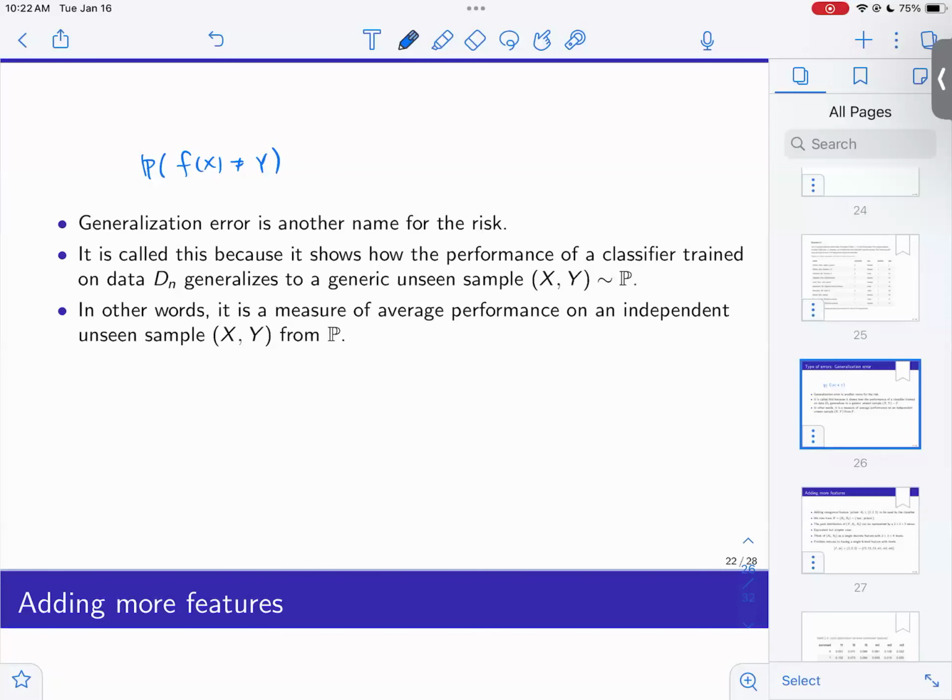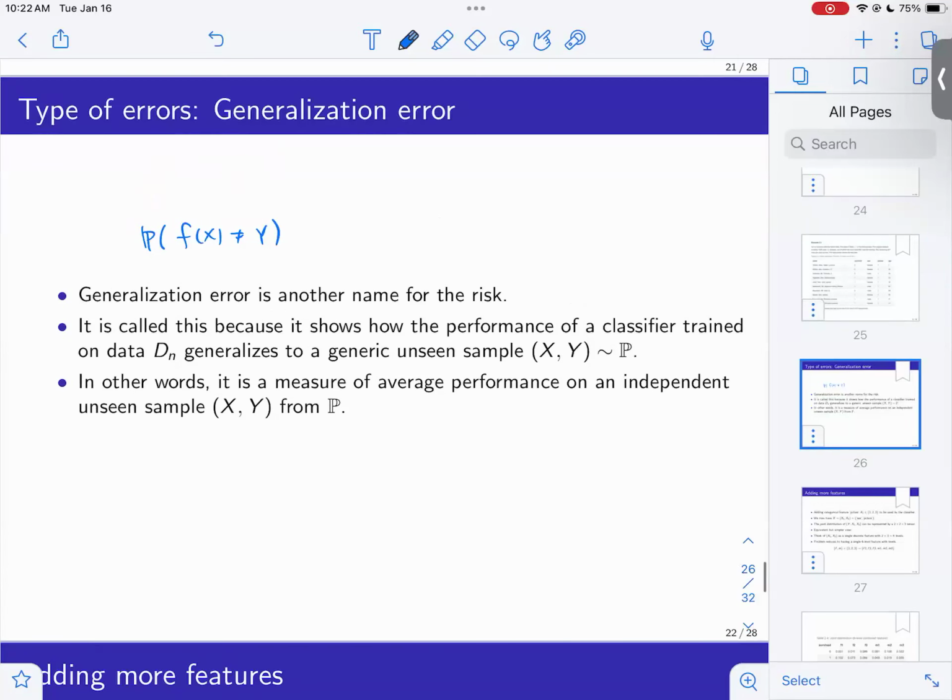So it's just another name for the risk. And we have restricted ourselves for classification to this particular 0-1 loss, but you remember the risk is really the expectation of the loss. So you can have a general loss function here. That's the risk.